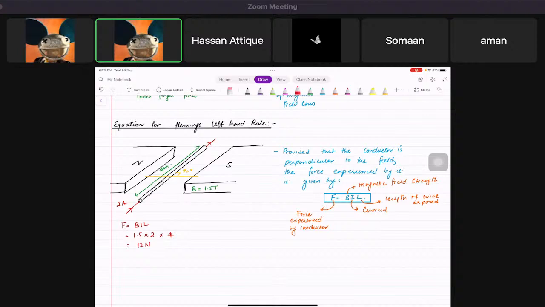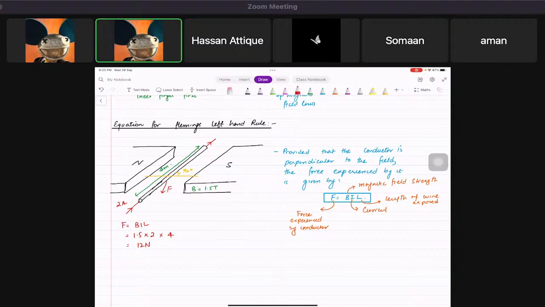And then you can find the direction through the left-hand Fleming rule, which is basically your index finger towards the south. The current is going into the page, which means the force is going to act downwards. You can check as well. Is it clear, everybody? Let me know if you have a question.